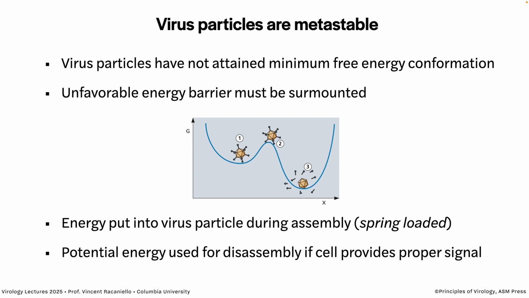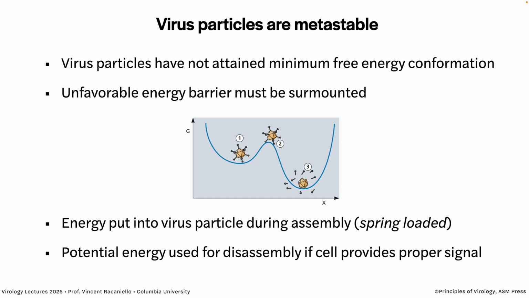Virus particles have not attained their minimum free energy conformation. So here's a graph of free energy G with time. And in order for a virus particle to come apart, it has to reach this minimum free energy conformation, which is shown in 3. But it exists in a higher energy state, number 1. And to get from 1 to 3, it has to go over an energy barrier, which is in number 2.